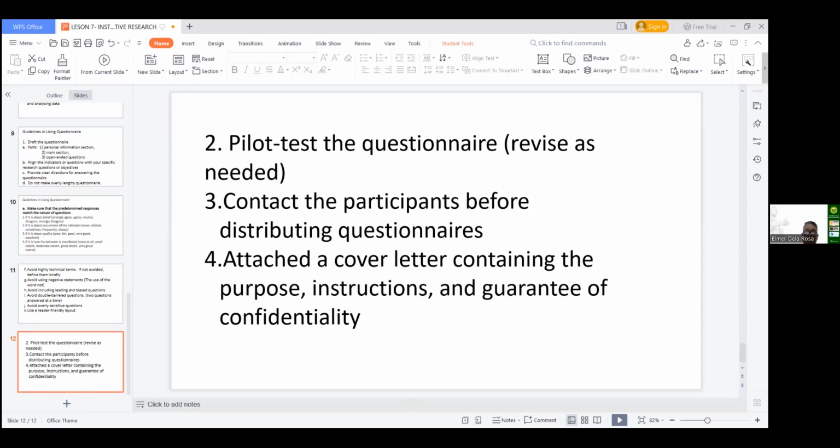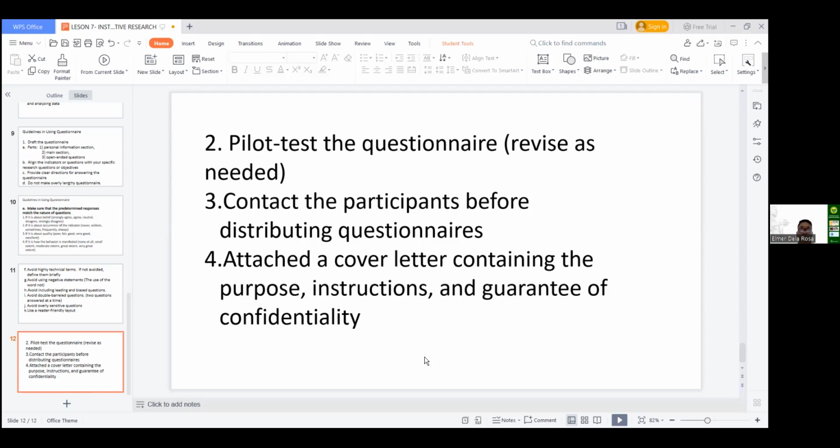And ito ay crucial. Always attach a cover letter containing the purpose, instructions, and guarantee of confidentiality for your proposed study. And it should be signed, noted by your advisor or by authorities from the school, such that they are allowing you.